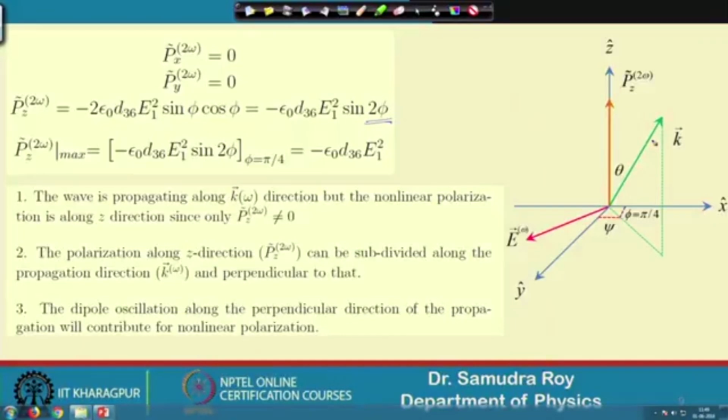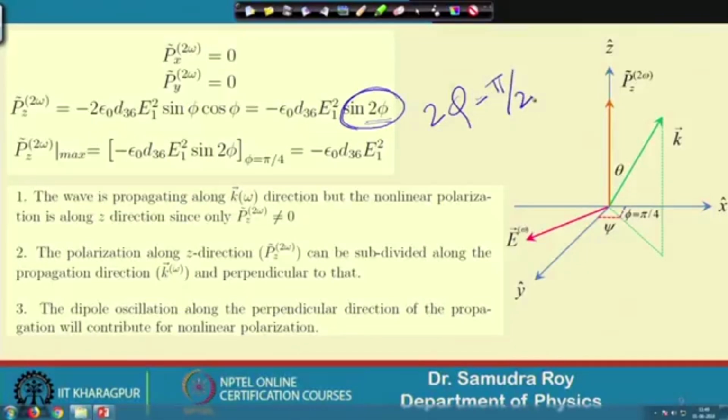So, one can easily find out what should be the maximum value of phi. The maximum is when this quantity is 1, because sin has a maximum value of 1. So, this value will be 1 when the angle 2 phi is equal to pi by 2.